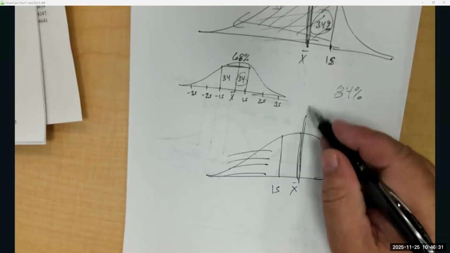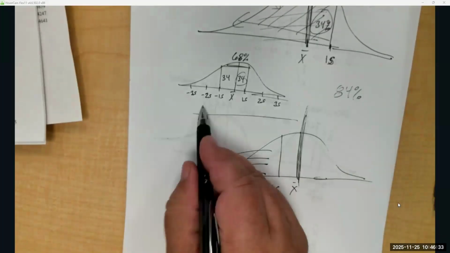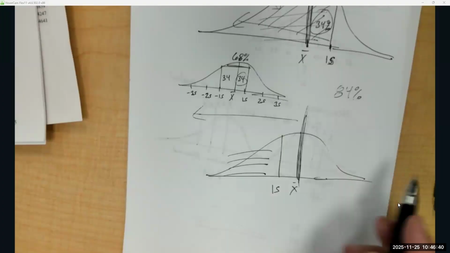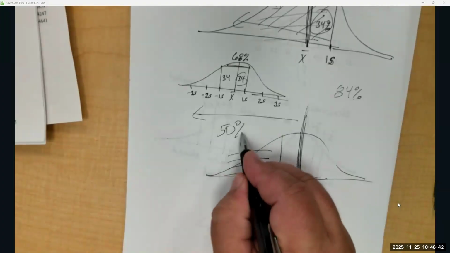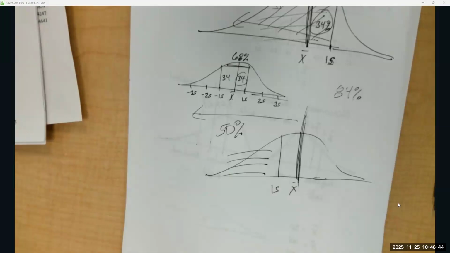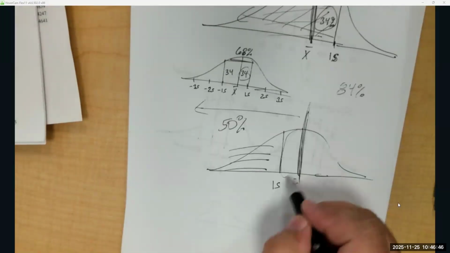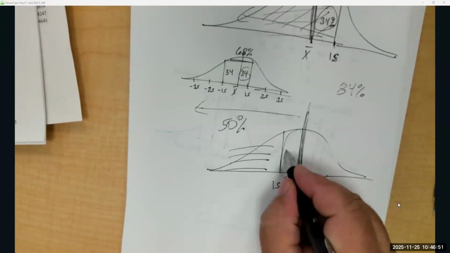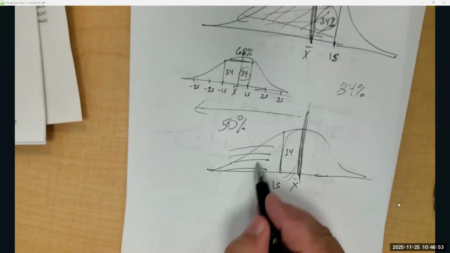This is in the middle. So we know how much is over here total. It's half. 50 is half. So how much is in one standard deviation? This 1/2 here, that's 34. So how much is left over?